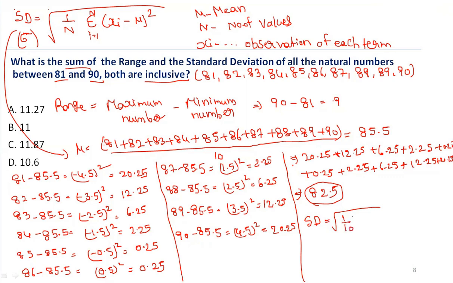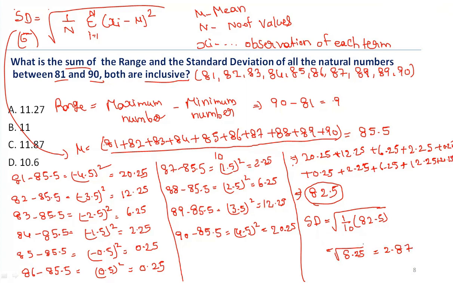Whatever the calculation that is given here under root of sigma xi minus mu whole square, that we are writing as 82.5 as we got it from the data. And if you simplify this value, under root 8.25, this is nothing but 2.87. Okay.